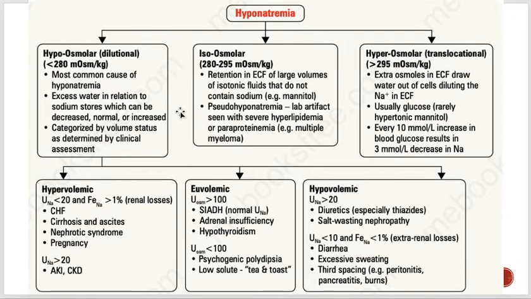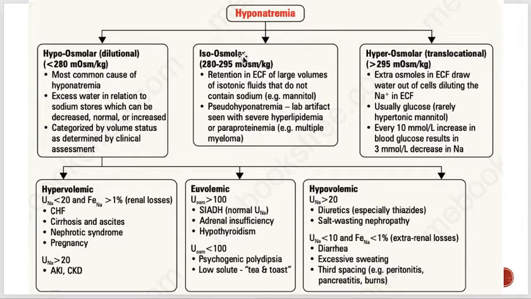So all these causes are basically when there is hyposmolality, and this is the case when we take it as a real type of hyponatremia. So whenever we have hyponatremia, we see there is hyposmolarity, or isoosmolality, the serum osmolality normal values, or there is hyperosmolality.